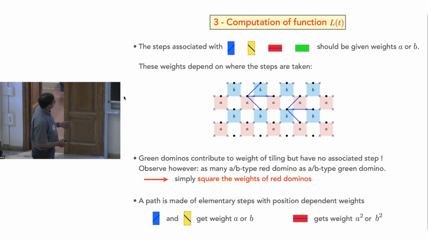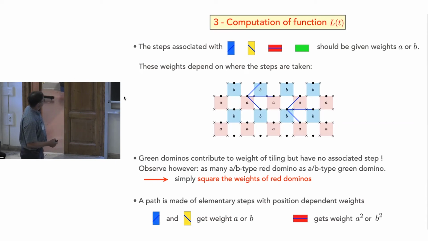If you step from here to here, which means that there is a blue domino here, then this step will get weight B. If you make the same step, but in this position relative to the A and B faces, this step will have weight A. And it's not very difficult to keep track of when it is B and when it is A.